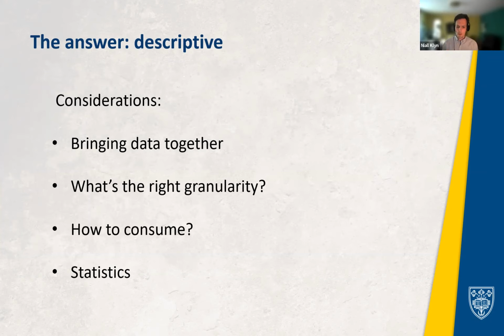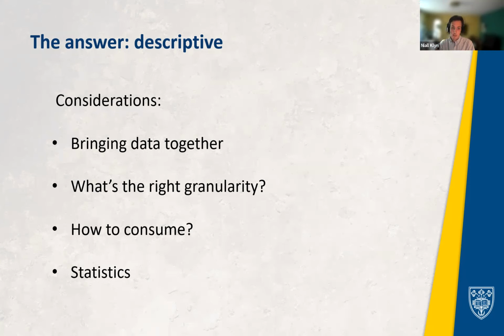So we know that we're in the descriptive space. What are some of the things we need to start thinking about right off the bat? Well, as I said, we need to start thinking about bringing the data together. We use an EMR for our clinical records. We use Epic as our EMR, and as we're thinking about prescriptions, we have data in hundreds of different tables just for this one question.